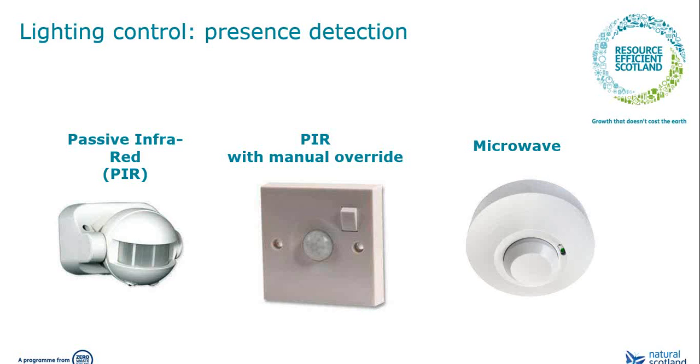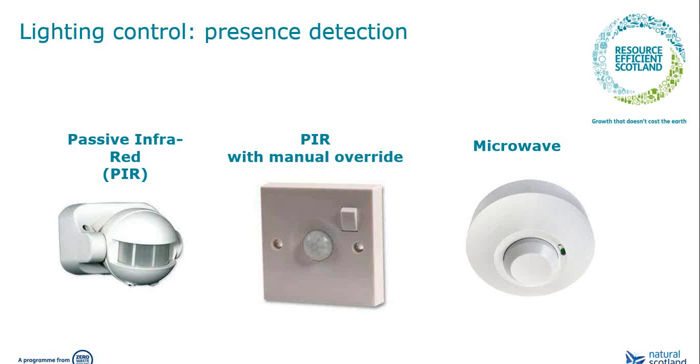You also get PIRs with manual controls integrated into them, and they're quite good where you have people who wish to control the lighting manually, but if they don't, the PIR will detect when they've left the room and will switch off the lights after a certain period.